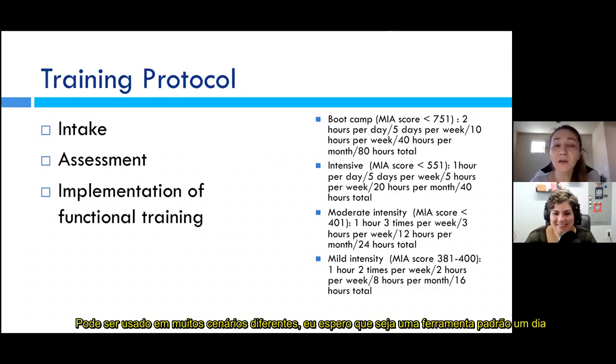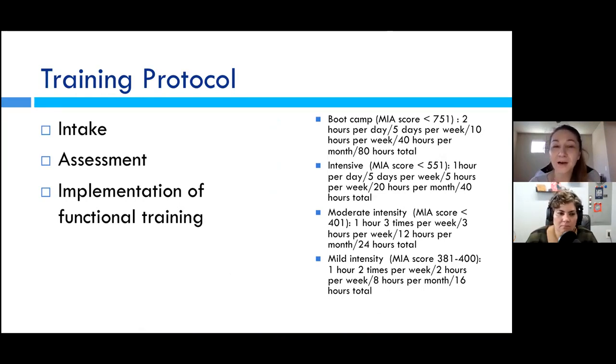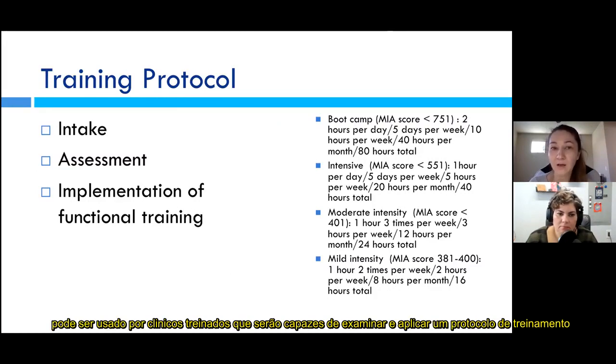So it can be used in many different settings. My hope is that it's going to be a standard screening tool one day, somewhere like at each pediatrician's office. It can be used in any integrated setting, by trained clinicians who will be able to screen and then apply a training protocol.